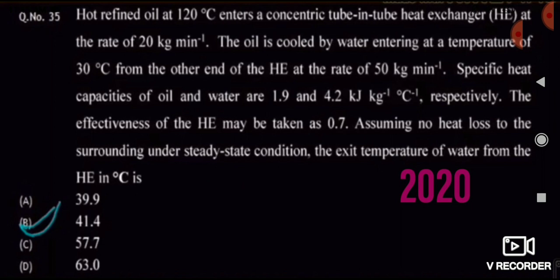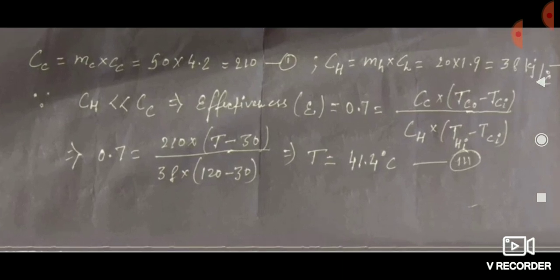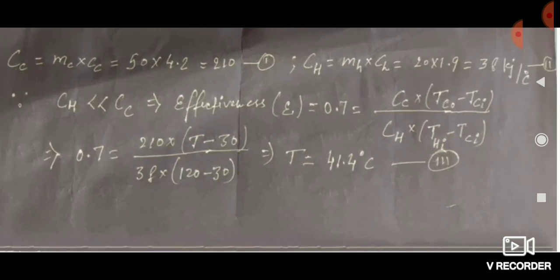Friends, you see here that when you are seeing such types of questions, the first thing you should calculate, you see here in the formula, that is the effectiveness formula I have written. Here, first check whether C minimum is Ch or Cc. Means you calculate the Cc and Ch. Here I have calculated the Cc.